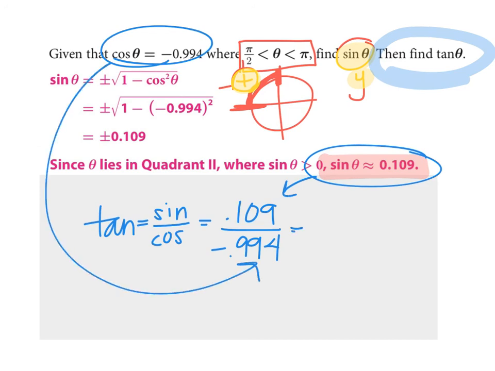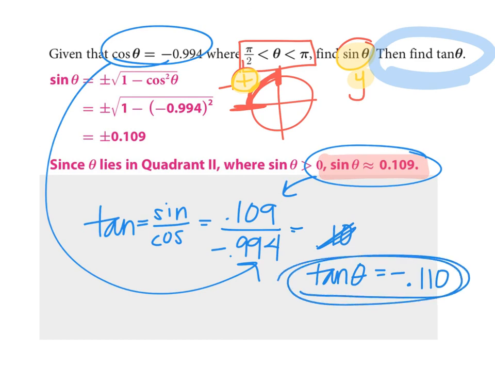That should give me 0.110. So tangent of theta here equals negative 0.110. It's negative because it's positive divided by negative. All right, so that's how you do those.